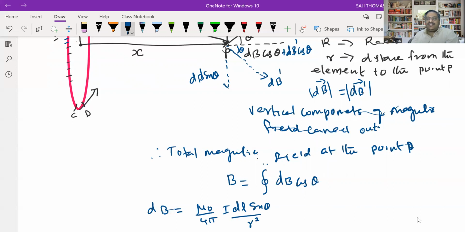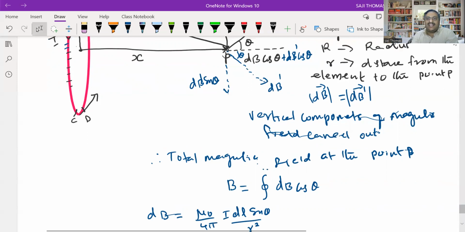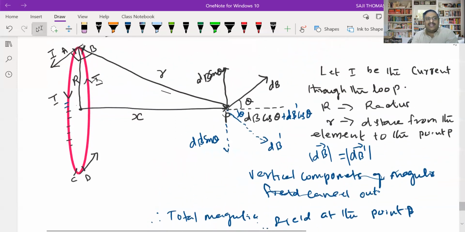Here in sine theta, what is that theta? In the equation, that theta is the angle between the current and small r. Consider the top element AB. What is the angle between the direction of current and r? It is 90 degrees.